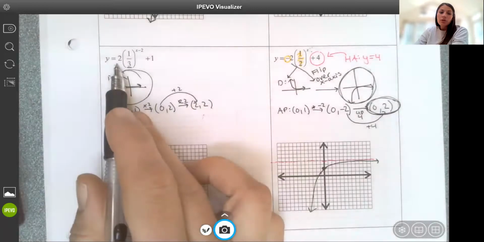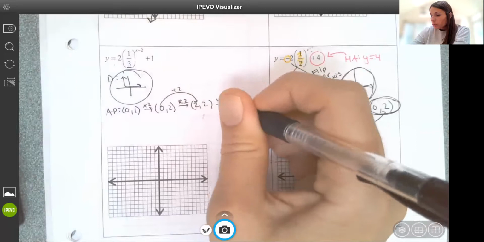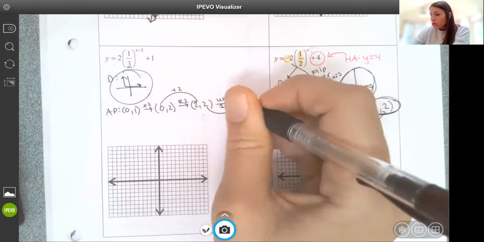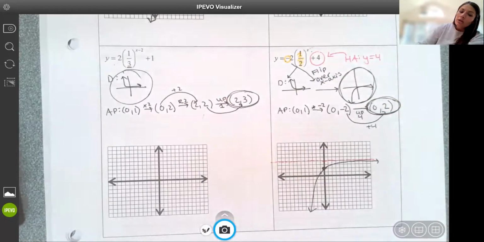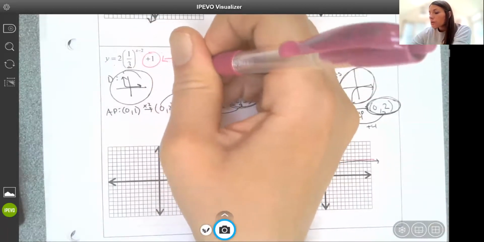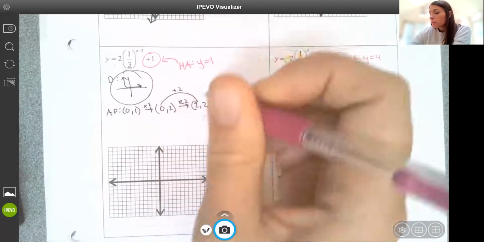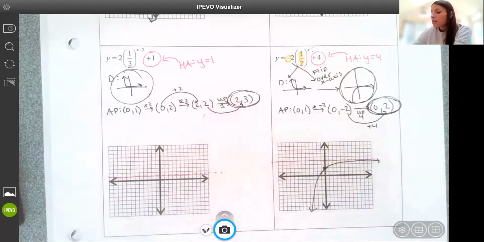So I've multiplied by 2, move to the right 2, and last I need to go up 1. This is a y value shift, giving me a final point at 2, 3. Okay, because I have an up-down shift, it's changing my asymptote to be at y equals 1. I'm approaching y equals 1 now instead of 0.